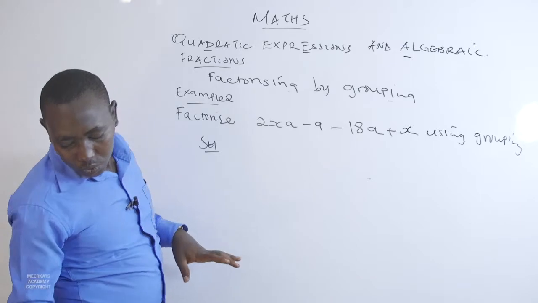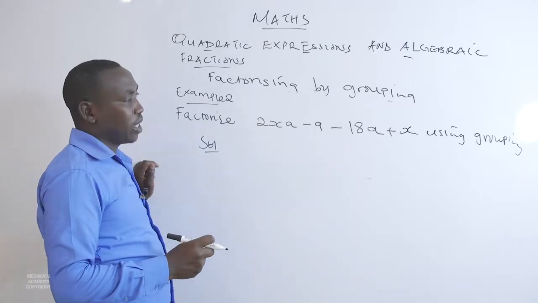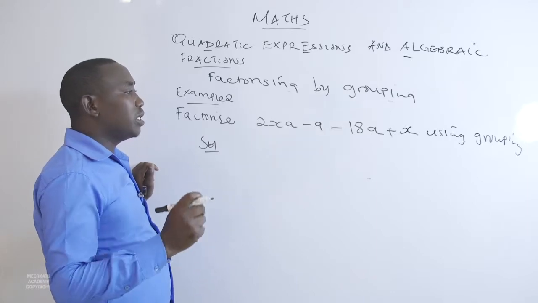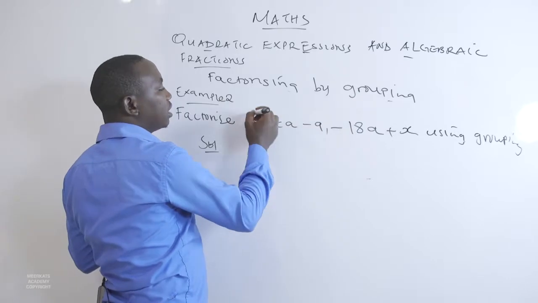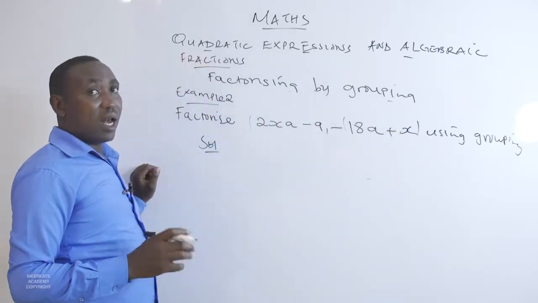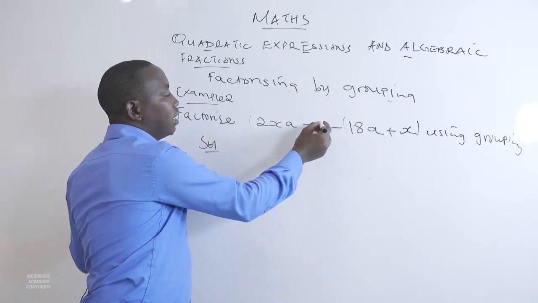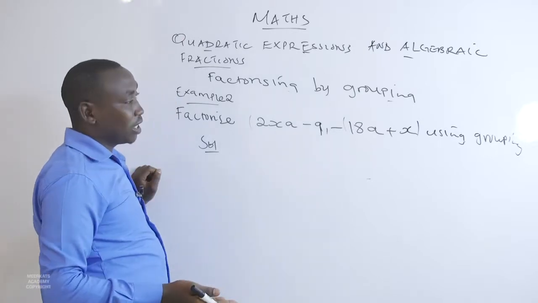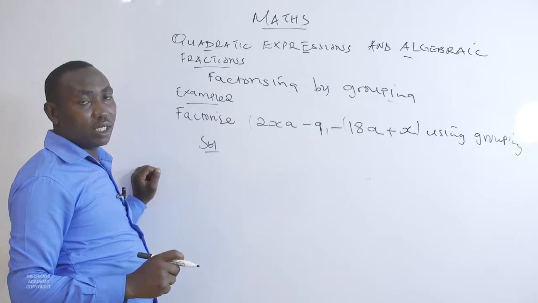We now want to solve this particular expression by using grouping. When you say that you want to use grouping, you'll discover that if you group this and this one, then you are not going to obtain like terms. In the first case, we have 2xa and 9, so there is no common term. 18a plus x, there is no common term.